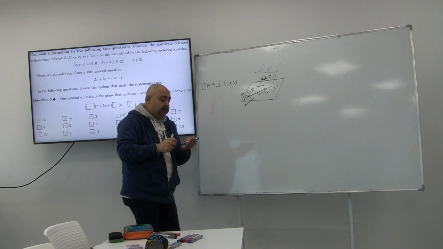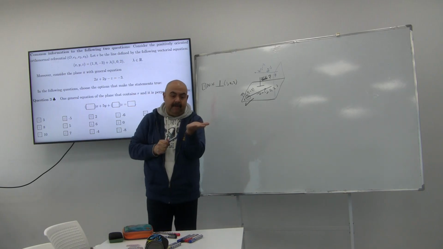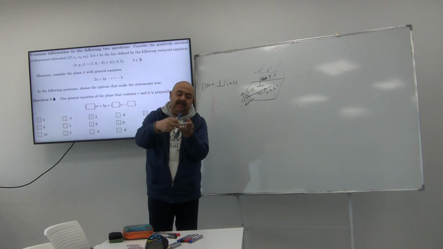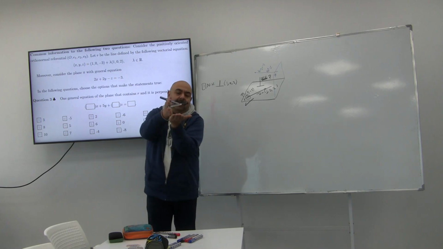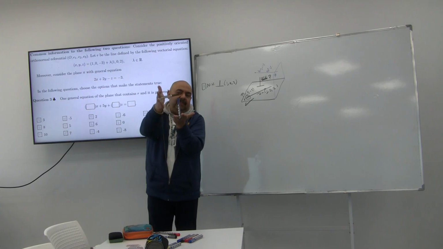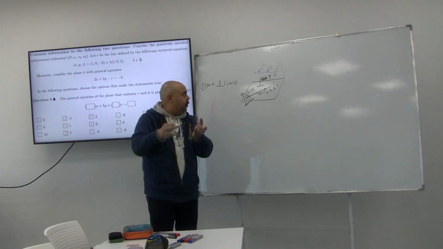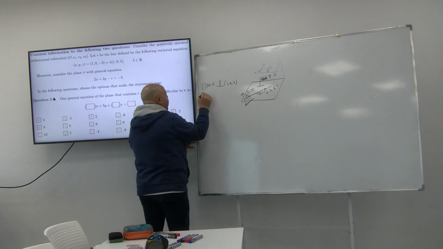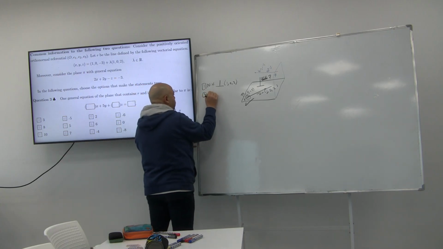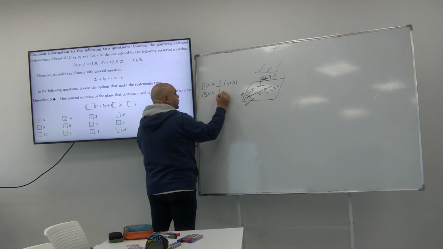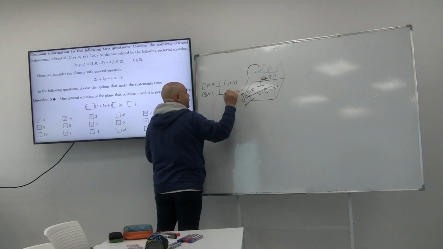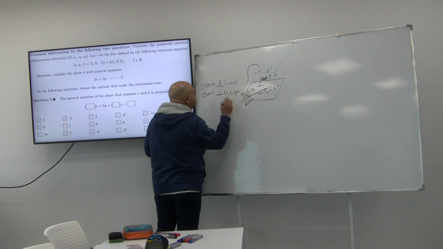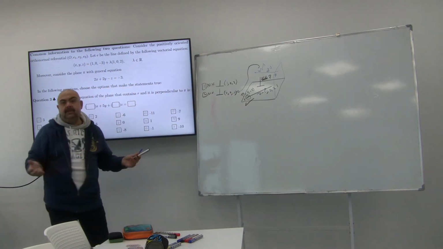And once more, this is the plane that we are talking about, and this is another plane perpendicular to it. This is the normal vector that we need. That's the normal vector of the other plane. They are also perpendicular to each other. So now I also have that the normal vector I want is perpendicular to this normal vector, which is 2, 2, and -1. Now it's really very easy.